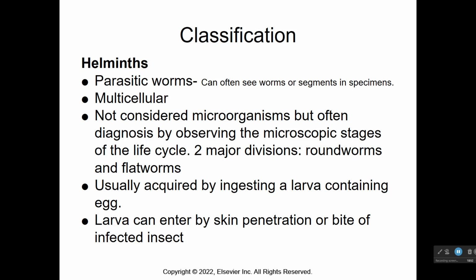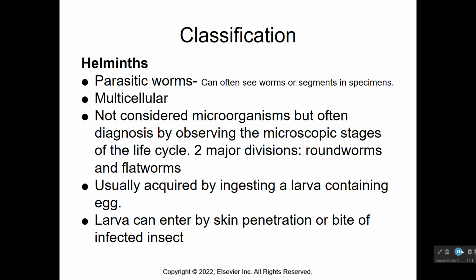We have the roundworms and the flatworms. The nematodes are the roundworms. The platyhelminths are the flatworms, and those are divided into cestodes and trematodes.